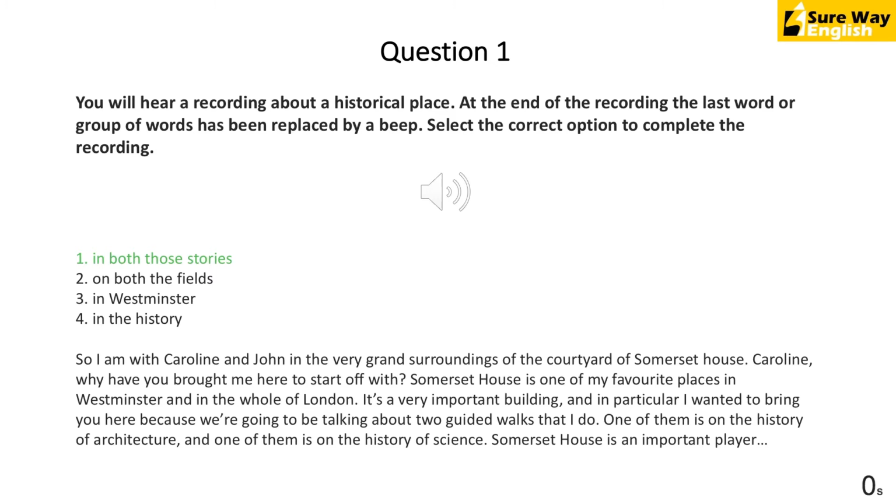Okay, so which of the choices is most closely similar to that? So it is number 1, in both those stories. So both those guided walks, those tours, or both those stories. So that's why we go with option number 1, right?